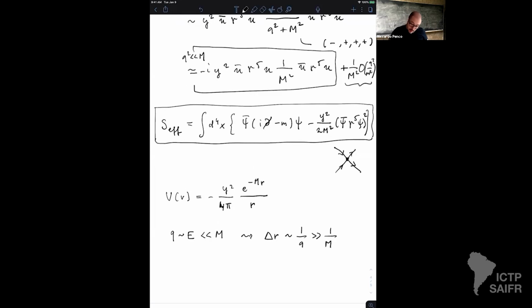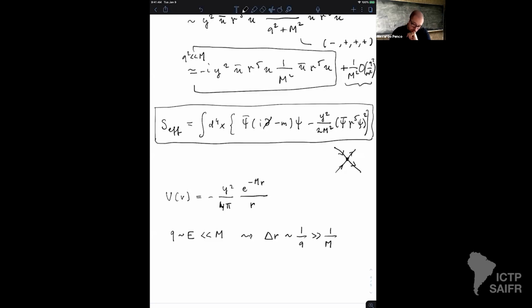So this means that our resolution is much coarser than the typical decay length of this potential. And in this regime, the potential exponentially drops off incredibly fast from this perspective, and essentially reduces to a point-like interaction. Okay? And so only fermions at the same point essentially can interact with each other. This is a back of the envelope way of understanding where locality in this theory comes from. Okay.